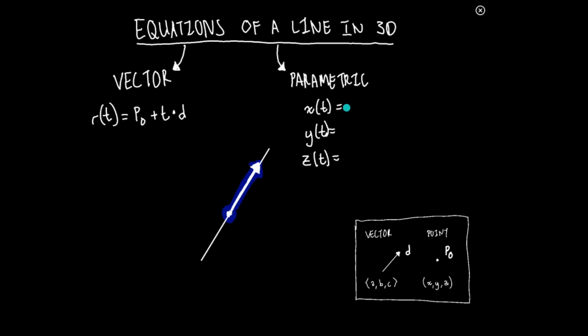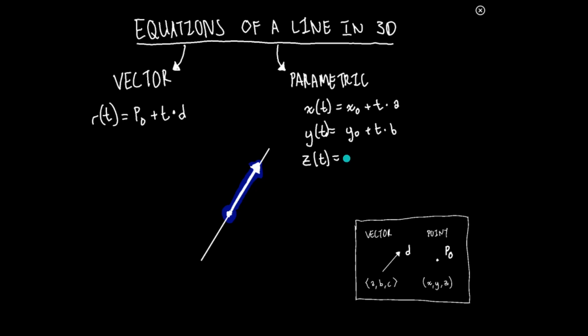So our x coordinate is going to be, if we look down here at the way that our point is described, we have our x naught, which is our starting point from p naught, plus t times a, being the first component of our vector. Y is going to be y naught plus t times b.